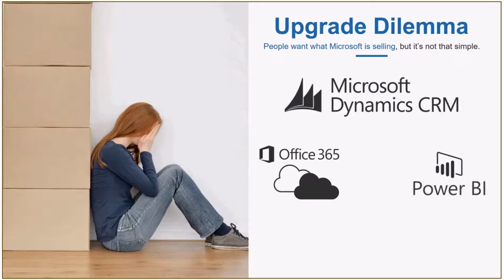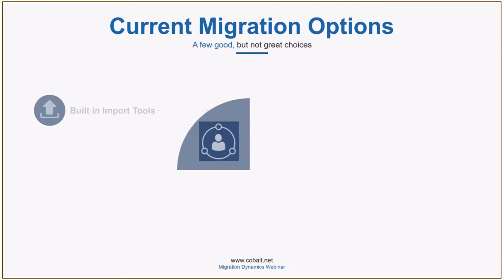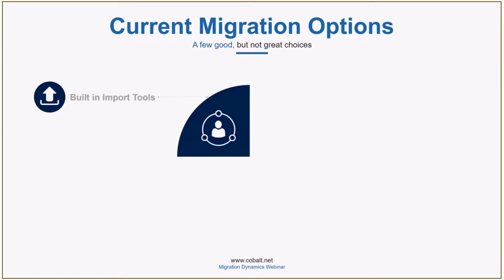So why is that? Well, up until now, you really only had three options for moving on-premises to CRM Online. You can use the built-in Microsoft import tools. They've got the built-in data import and then the bulk import tool that are obviously cost-effective. They're free.